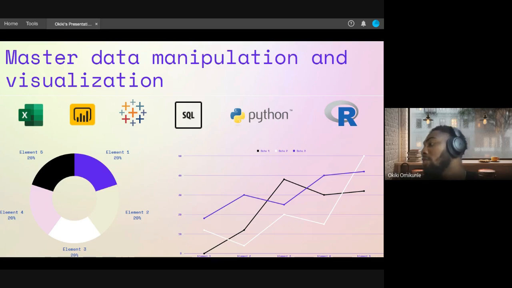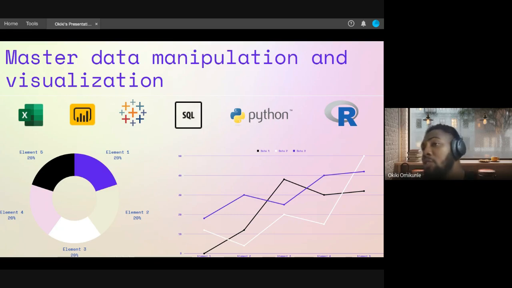Then at a later stage, you can say, okay, let me learn R programming. I listed this in order of importance. If you're a newbie and you're confused about what tool to learn, you can start with Excel, then move on to Power BI, then Tableau, then SQL, then Python.